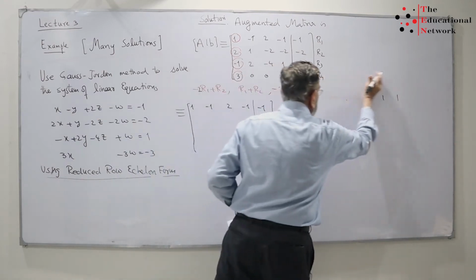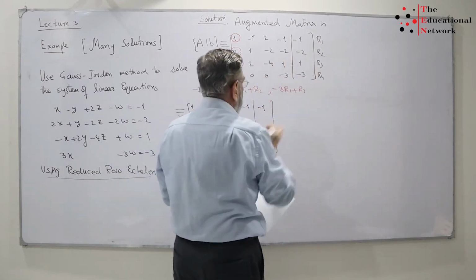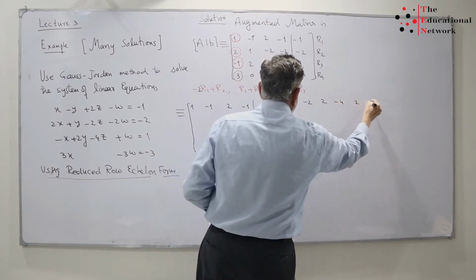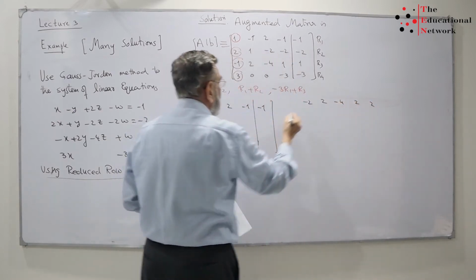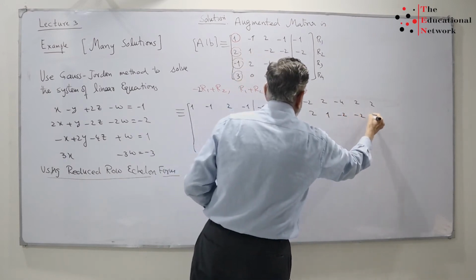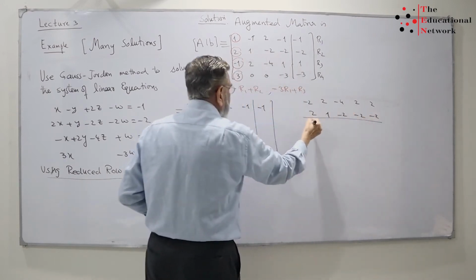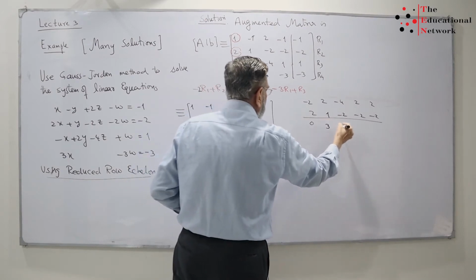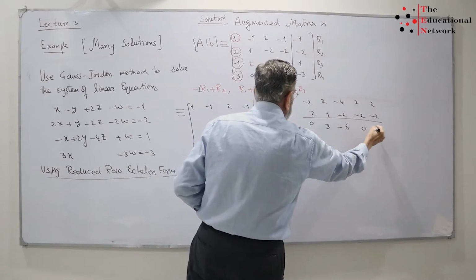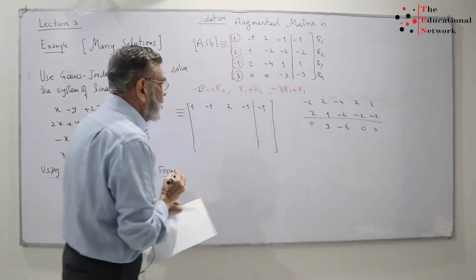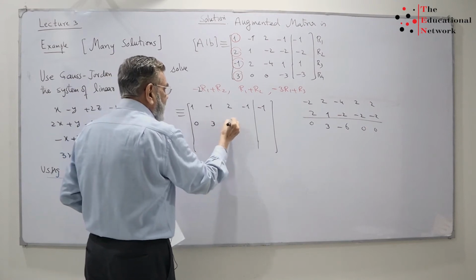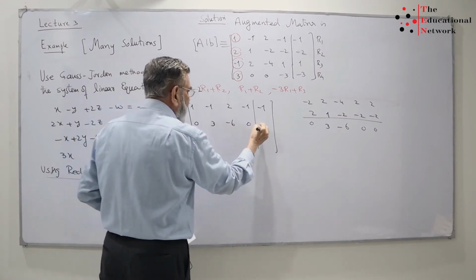So here I'll get the values as -2, 2, -4, 2, and 2. Now my second row is 2, 1, -2, -2, -2. We add it, we get 0, 3, -6, 0, 0. So I can write the new row here: 0, 3, -6, 0, and 0.